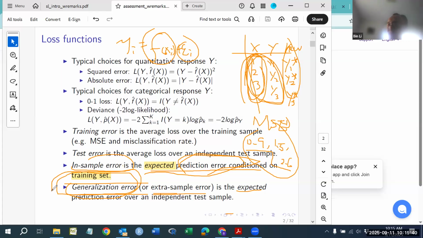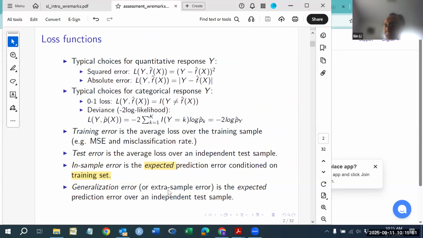So that's the ultimate goal, to find the model that minimizes the generalization error. But it's not easy. It's ideal but not easy to achieve. So what we can do is first try to find a model that minimizes the in-sample error, then go one step further to minimize the generalization error.